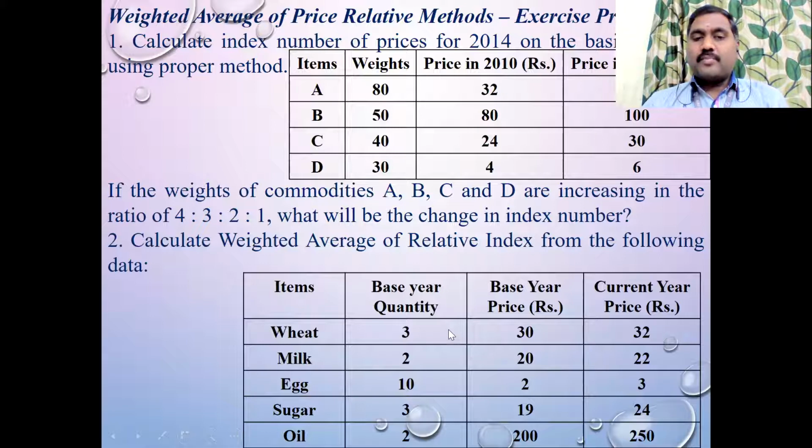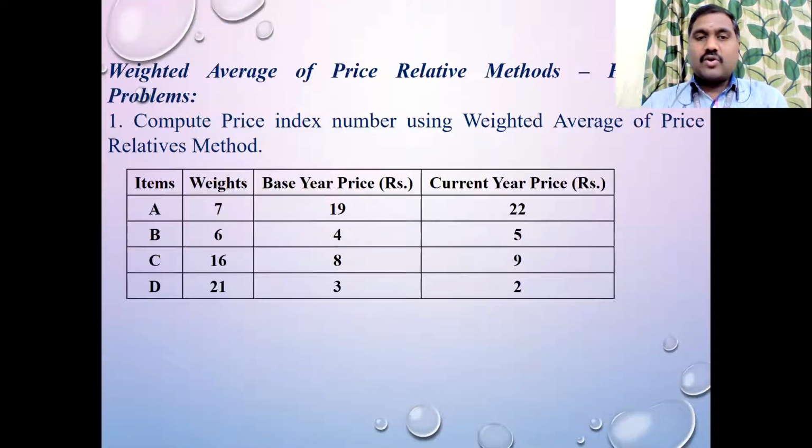Whereas in the second problem, they didn't give weightage, they didn't give the index value, but they gave only the base year quantity Q0, P0, and P1. So by using this, you can find out either I or P, either W or V. Okay, so this is what we worked out in the previous class, and this is the homework problem I gave you.